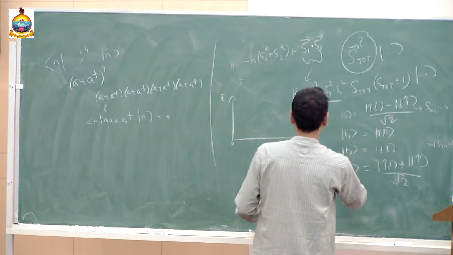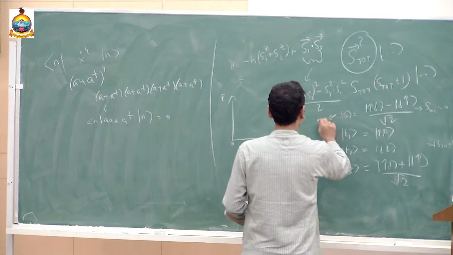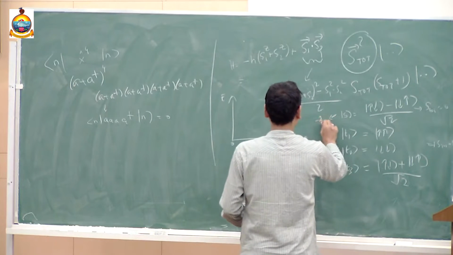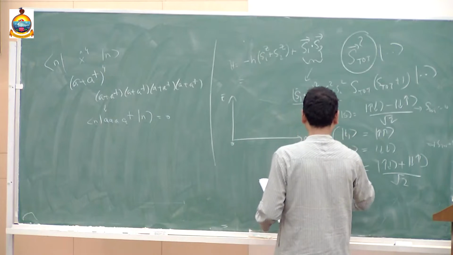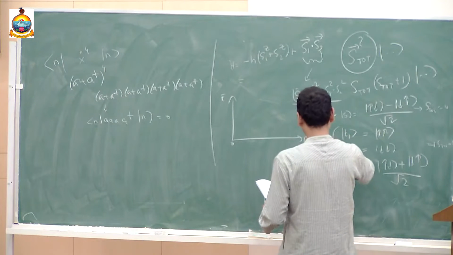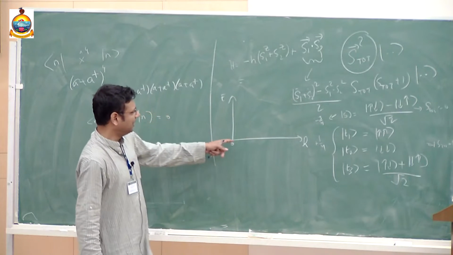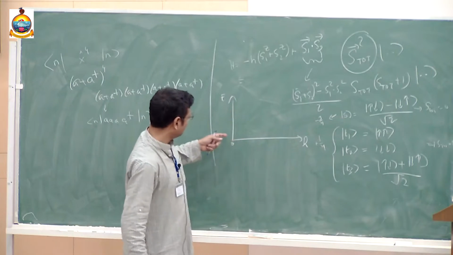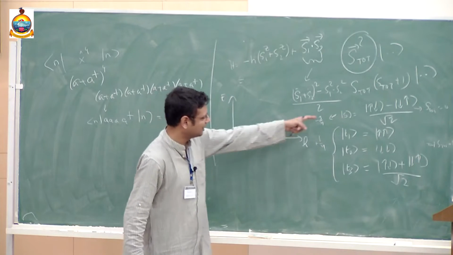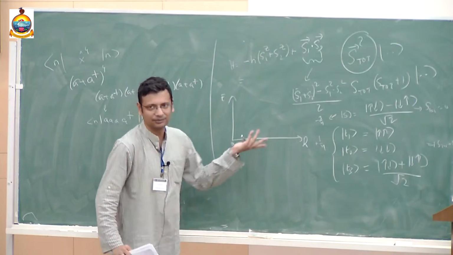At 0 energy I tell you that the energy of this guy is minus 3 by 4. You can check that. And the energy of these 3 guys is plus 1 by 4. Then could you please tell me how I should draw the 4 energies at finite H?